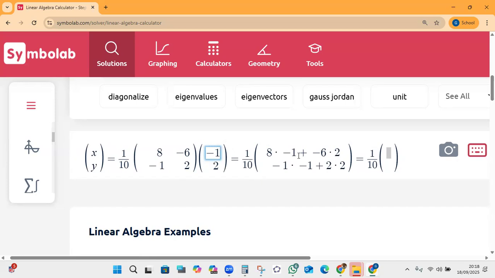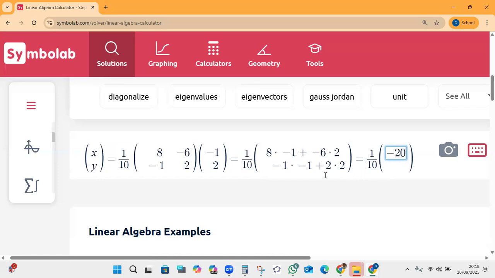We should also get multiples of 10 because we have to divide by 10 at the end. So that's -8 and -12, since -6 times 2 is -12. -8 and -12, that's -20. Good. But we have to divide by 10. That's going to become -2. x is going to become -2.